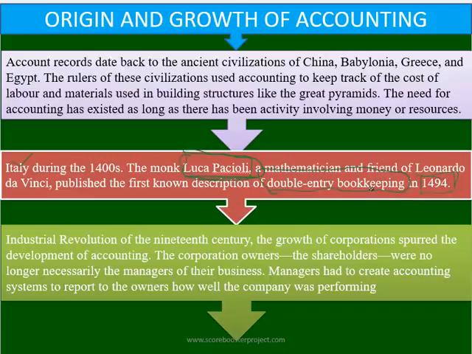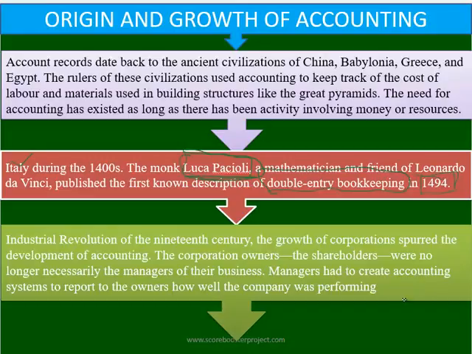Since that time, we have seen quite a number of things happen in the accounting world, most especially the coming up of the industrial revolution in the 19th century, the coming together of what we call joint stock businesses, and the concept of issuing accounting standards. Like in Nigeria, we have the Financial Reporting Council of Nigeria that is responsible for ensuring that companies apply what we call the International Financial Reporting Standards, though that is outside the scope of this syllabus.